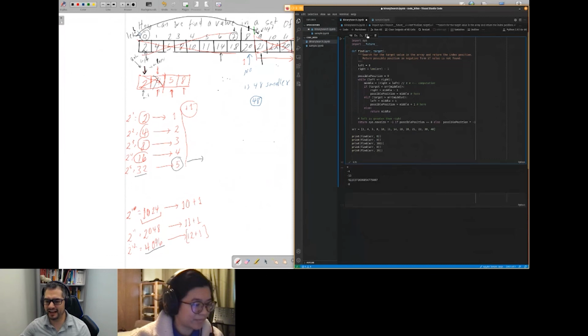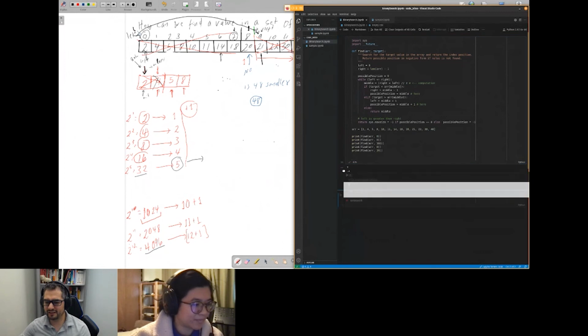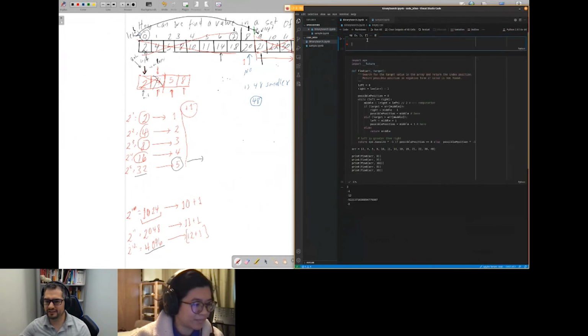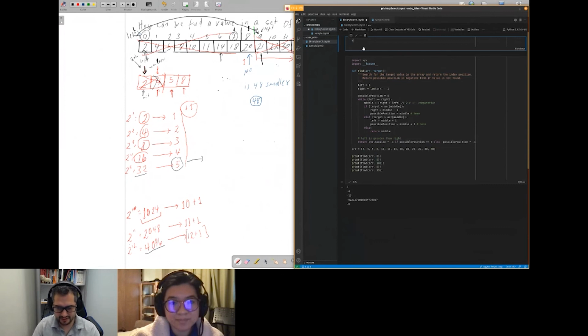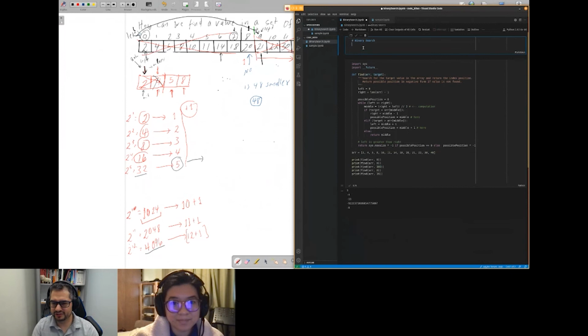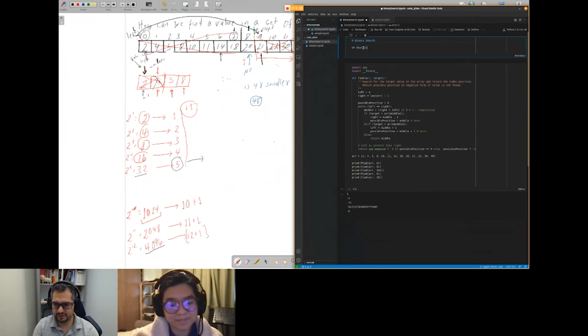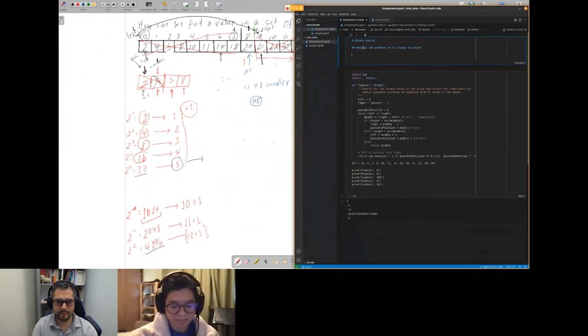And I can add comments, which I am going to do later, as markdown in here. So I can say binary search. I can write my comment.